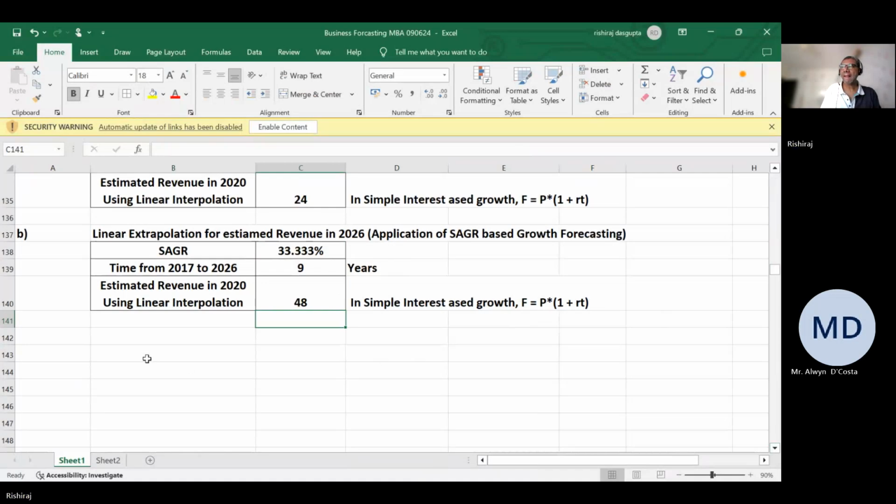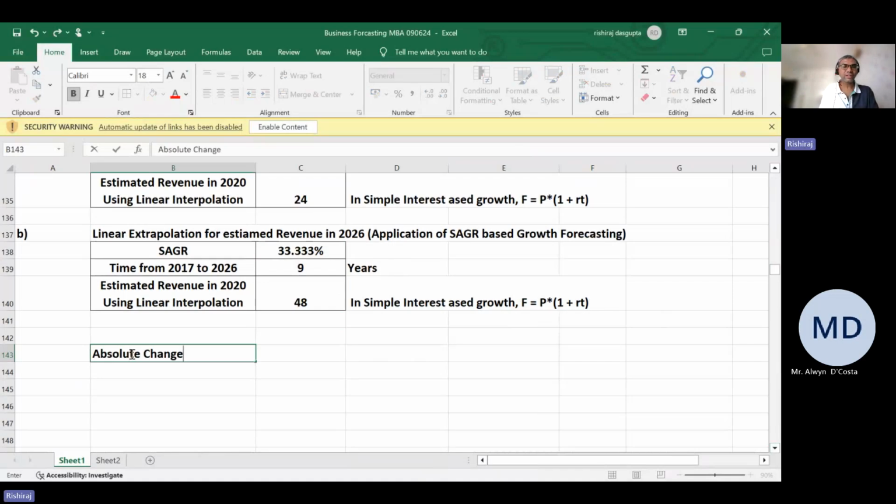Now next concept is absolute change and relative change.